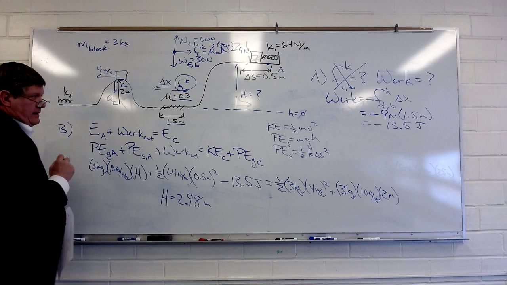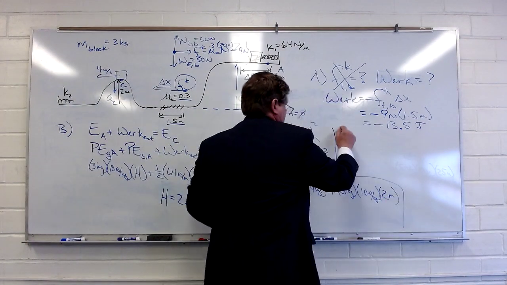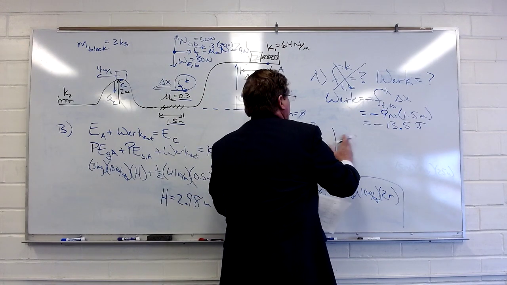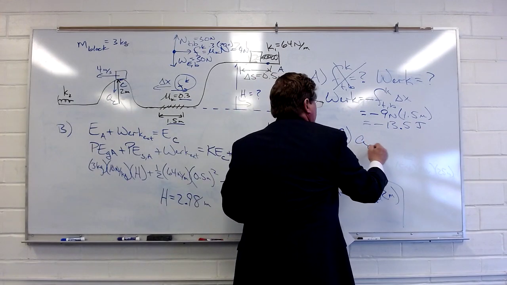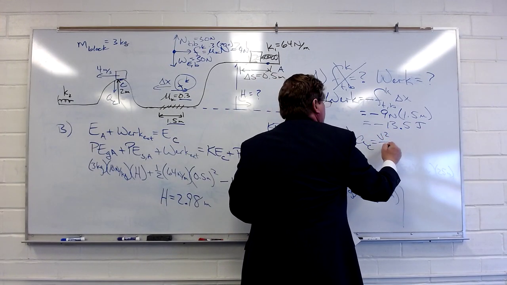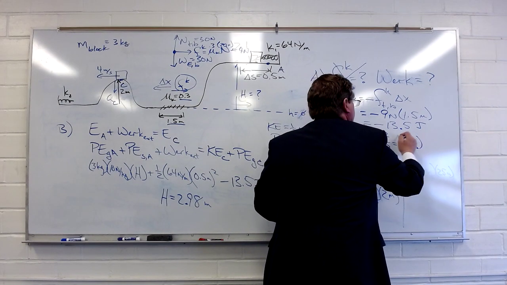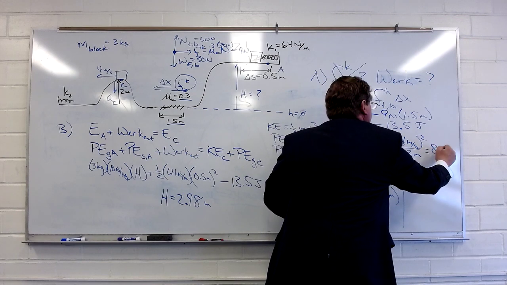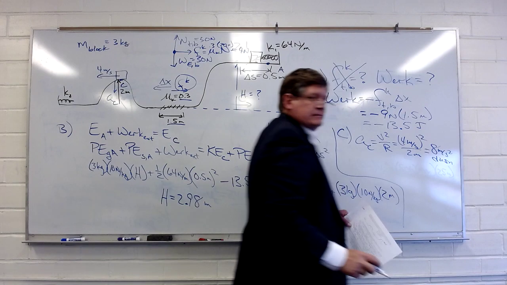So if I come over here and do part C, don't get ahead of myself. That centripetal acceleration is going to be v squared over r. That's going to be 4 meters per second squared over 2 meters. That's going to be 8 meters per second squared down.